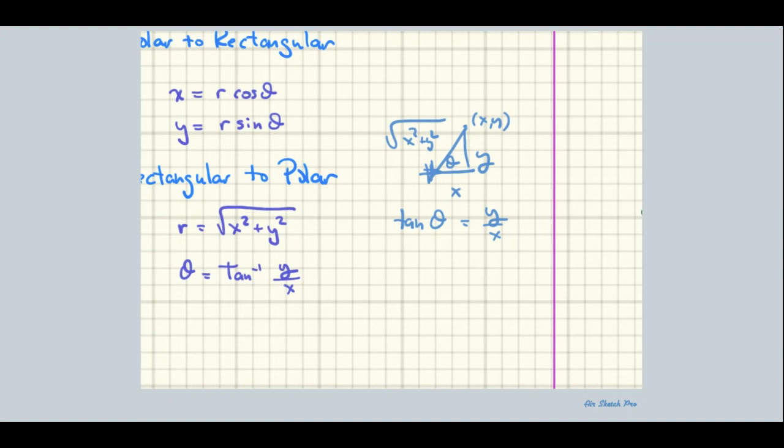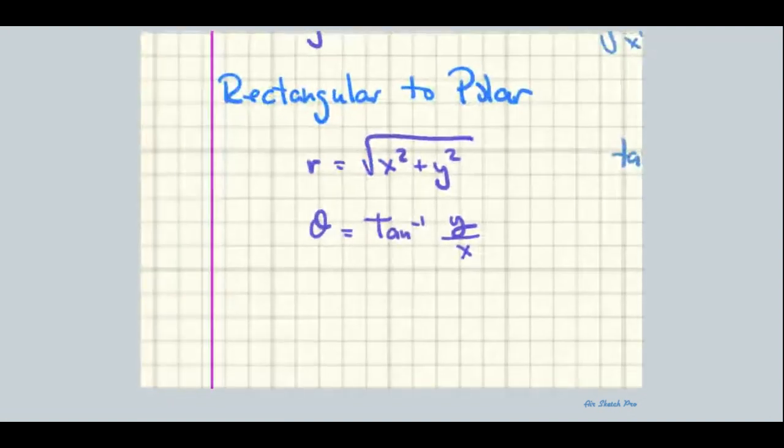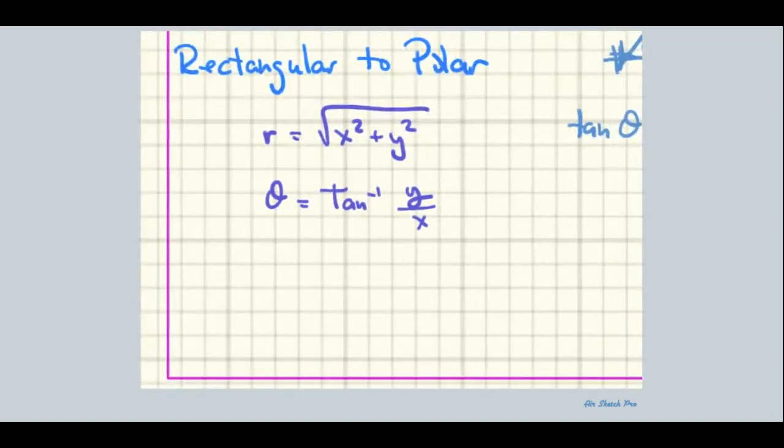Well, that's not that bad. If the x-coordinate is 0, that means y has to be positive or negative. If y is positive, that's the angle pi over 2, or 90 degrees. If y is negative, the angle is negative pi over 2.